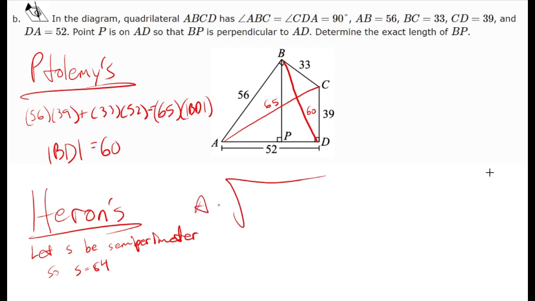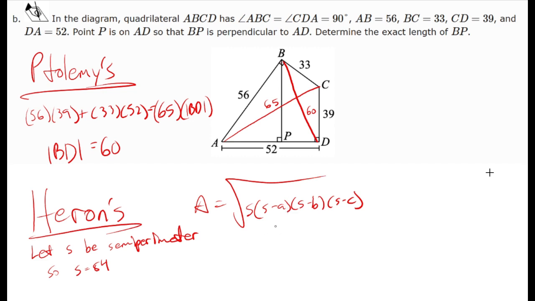The area is going to be equal to the square root of S times S minus A, S minus B, S minus C, where S is the semiperimeter. A, B, and C are the side lengths of the triangle. So S minus the first side length, S minus the second side length, and S minus the third side length. And that is going to be the area of the triangle, actually.